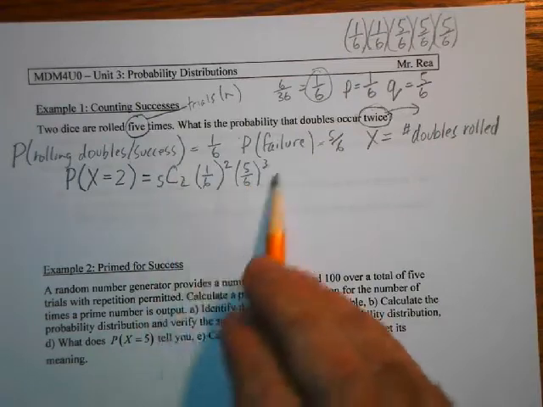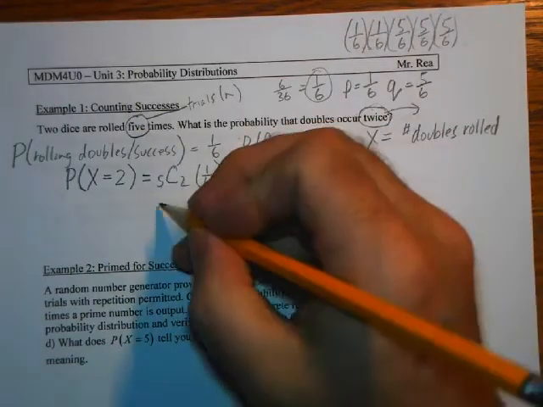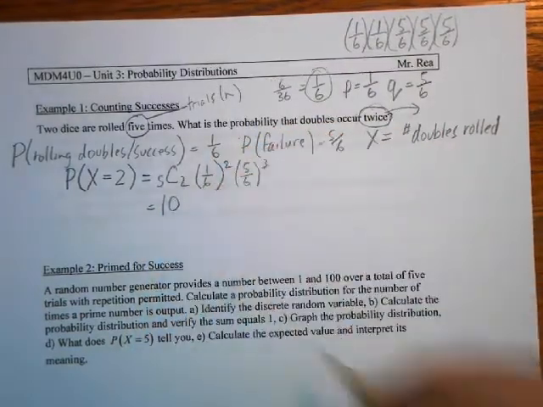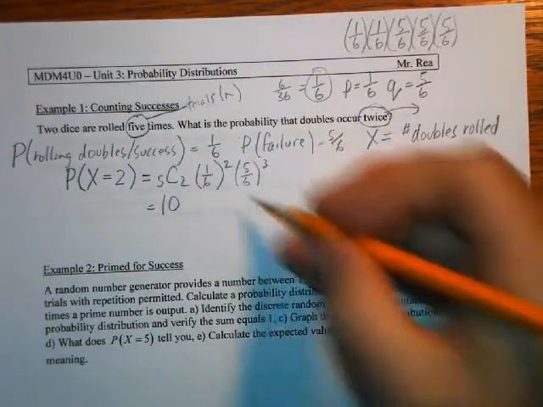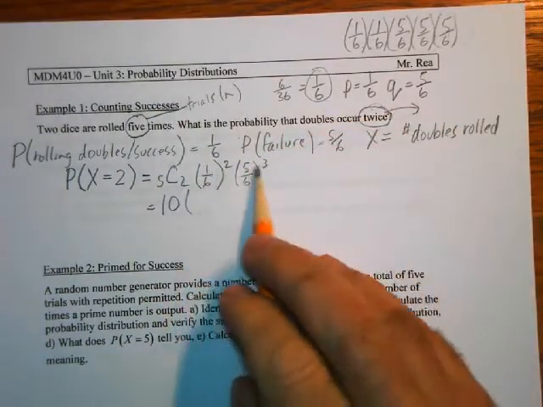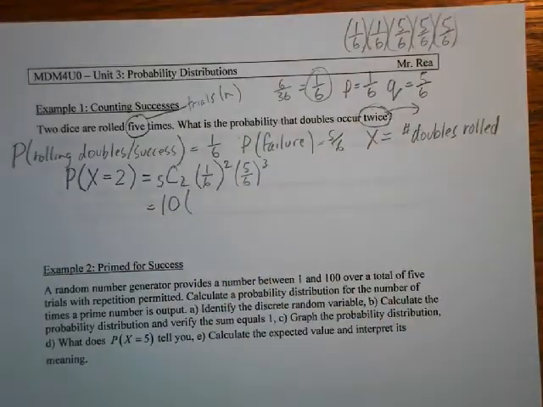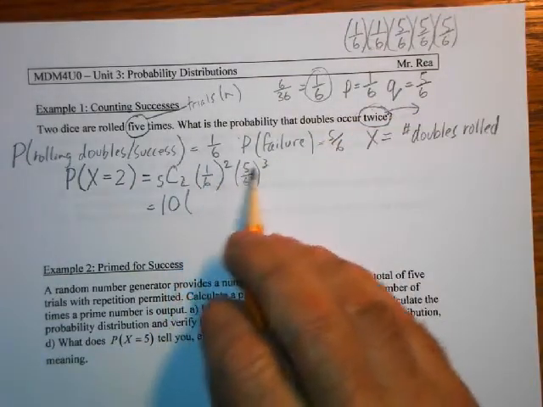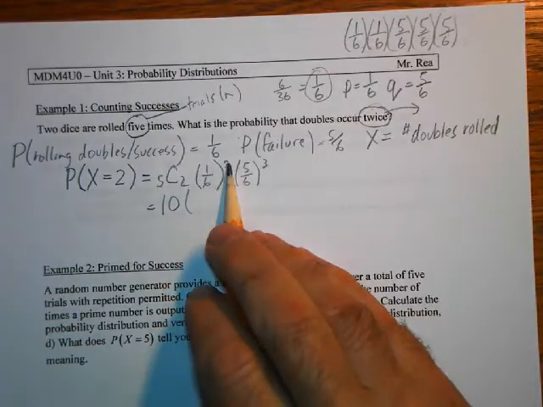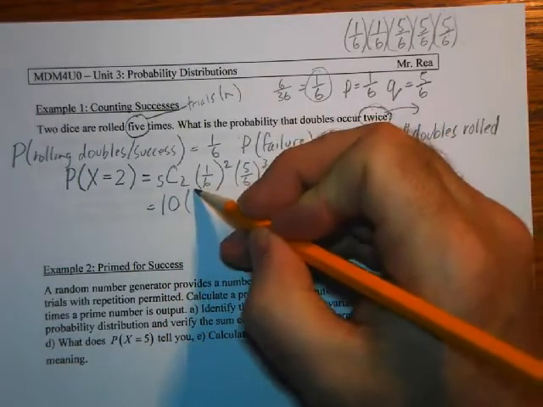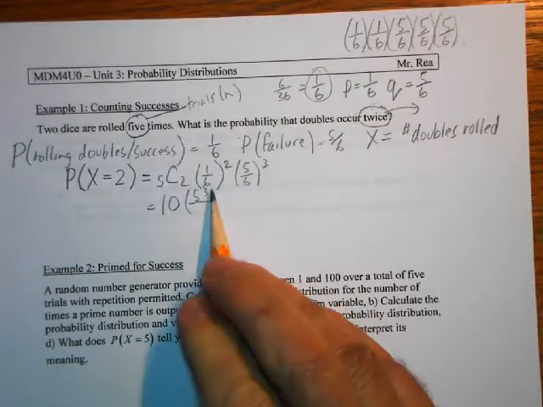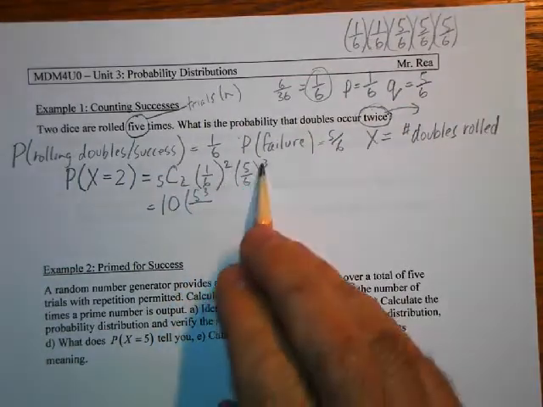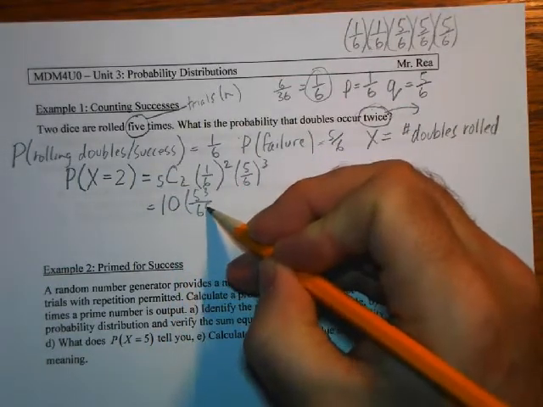So now it's just a matter of multiplying this out. Like I said before, 5 choose 2 is 10, and then I could do this as fractions multiplying, but in this case 1 squared is just 1, and then 5 cubed on the top, and on the bottom I've got 6 squared times 6 cubed, that's 6 to the power 5.